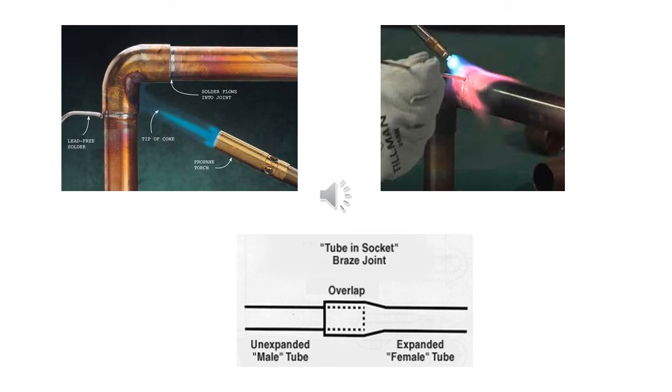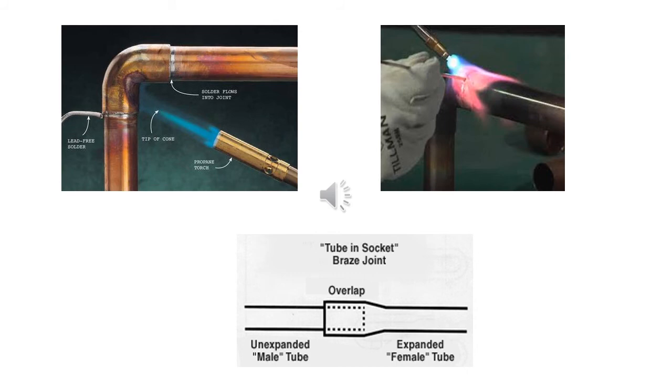Therefore, other elements are added to alloy with the tin to provide strength and make the filler metal easier to use. 95-5 solder wire, which is a lead-free alloy of 95% tin and 5% antimony, and has a 450 to 460 degree Fahrenheit melting range, is a common solder used in the field.